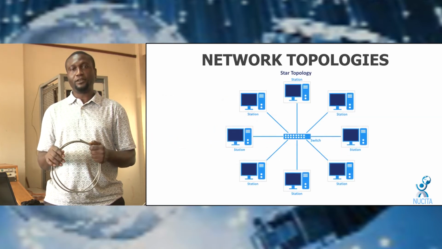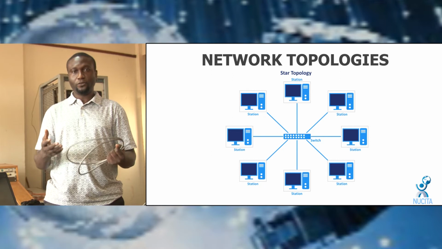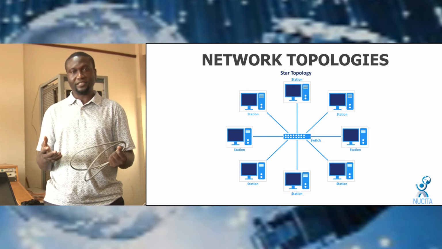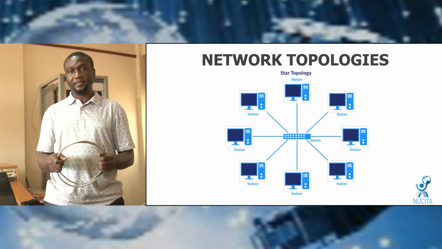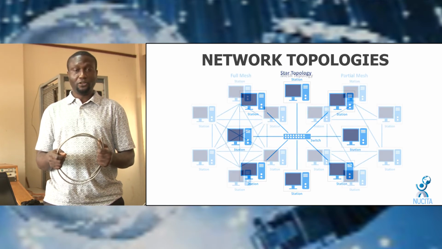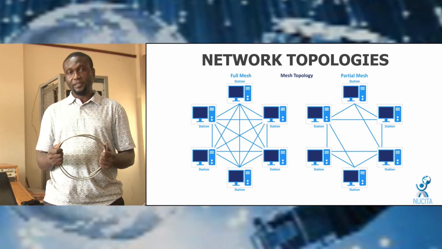Then we also have what we call a star topology. The star topology, we have basically all gadgets, all computer devices, all communication devices connected to one central device, which can be, in this case, either a network switch, a network hub, or a router. We also have another mesh topology.